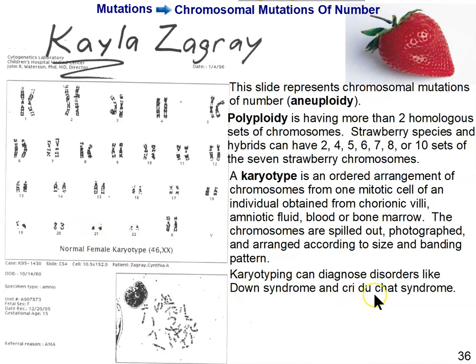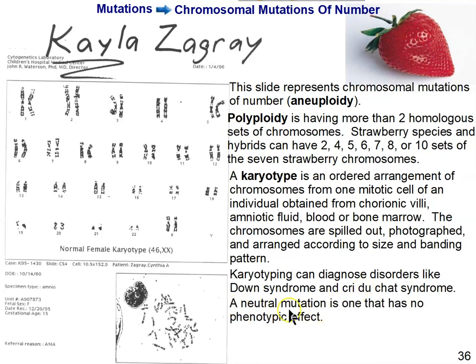And another syndrome that you may or may not have heard of, known as cri du chat, which means cry of the cat in French. And that's because those that have this syndrome have a very high voice, and when they're babies, they sound like a crying cat. And that's due to a missing piece of chromosome number 5, I believe.